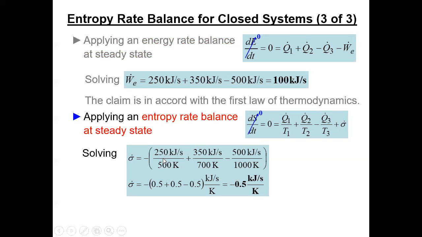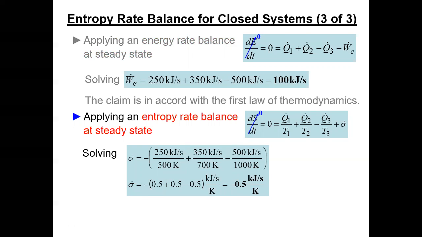Just doing the division, this is 0.5, this is 0.5, and this is 0.5. So this one's plus, plus, and minus, and then I've got a minus sign out front, and it says, I don't know about this. I don't think I can sign off on this because we've got a negative rate of production of entropy.